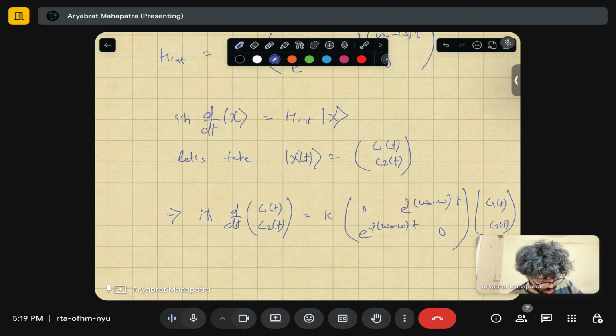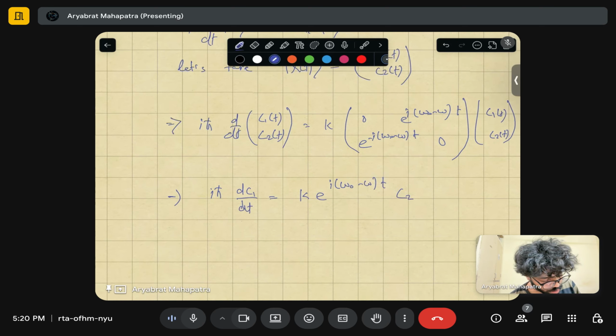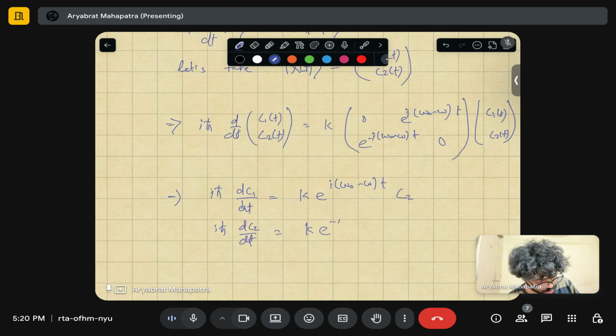From here you will get two different equations. One: i h bar dc1 by dt equals k exponential of i omega naught minus omega t C2, and you will also get i h bar dc2 by dt equals k times exponential of minus i omega naught minus omega t C1. You see these two equations are coupled differential equations.